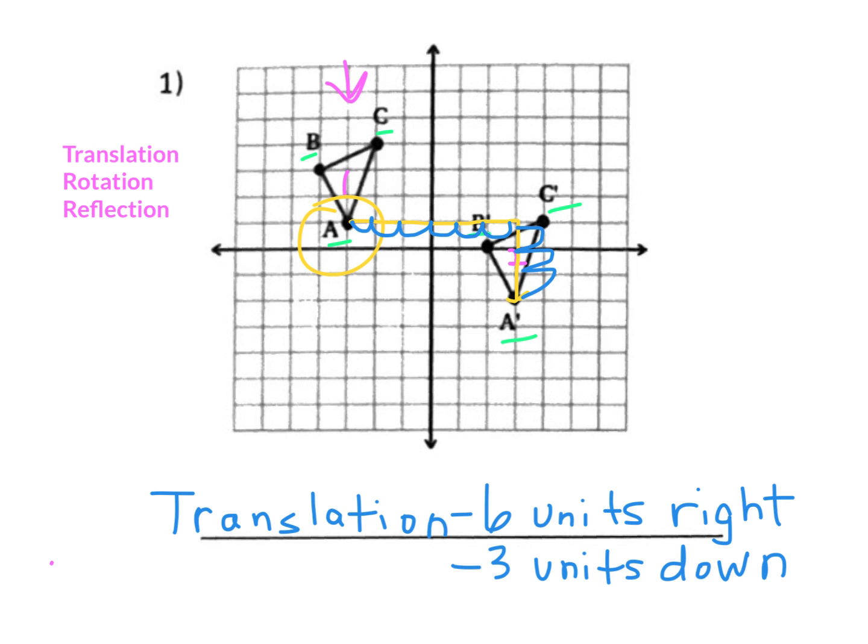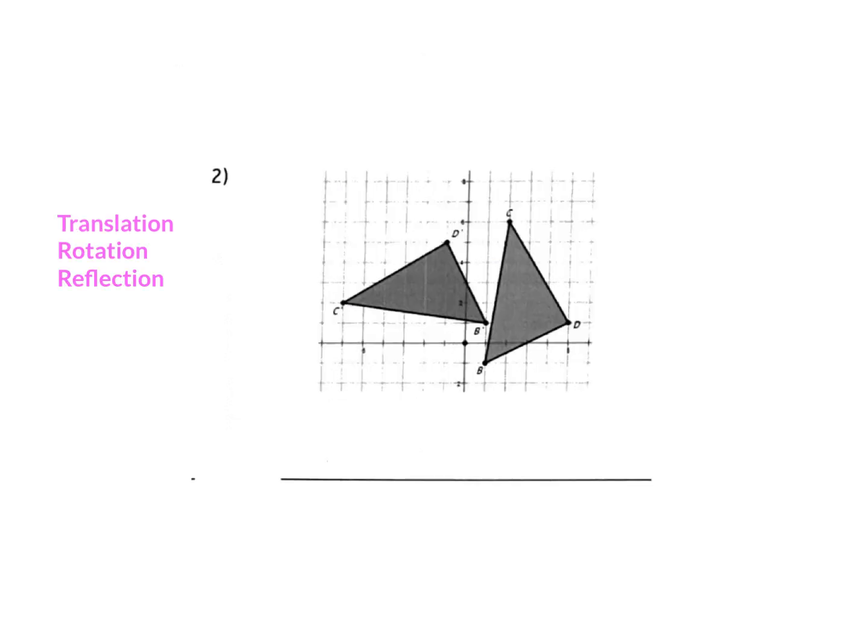And then I would just double check that's the same count for point B and point C. 1, 2, 3, 4, 5, 6. 1, 2, 3, that works. And then 1, 2, 3, 4, 5, 6. 1, 2, 3. So definitely translation, 6 units right, 3 units down.